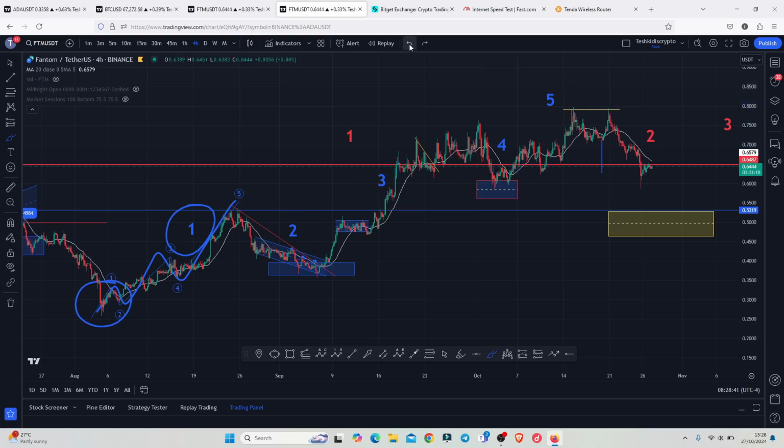And after we completed that 5-wave structure to the upside, we completed an even larger Elliot wave count 1 on the charts in red.